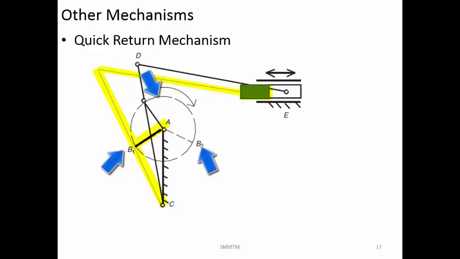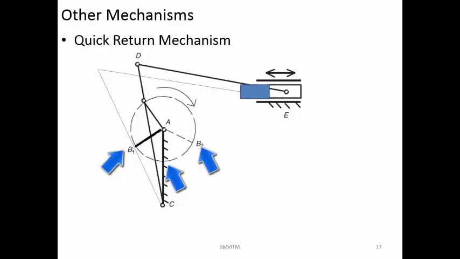Now the crank is operated by an electrical motor, and usually it has a constant speed. So for a constant speed of rotation of the crank, what is the speed of the slider? Now we have to see. The length of the arc from B1 to B2 in the clockwise direction is larger, and the length of the arc from B2 to B1 is smaller, which means the crank will take more time to travel from B1 to B2 than from B2 to B1.